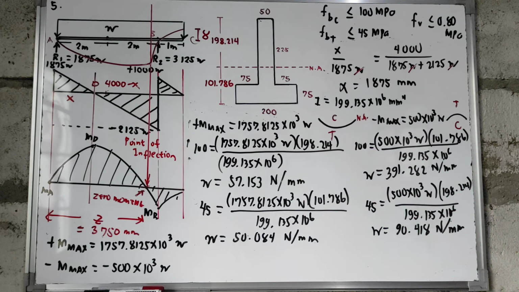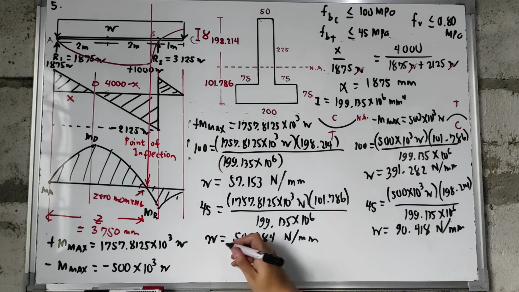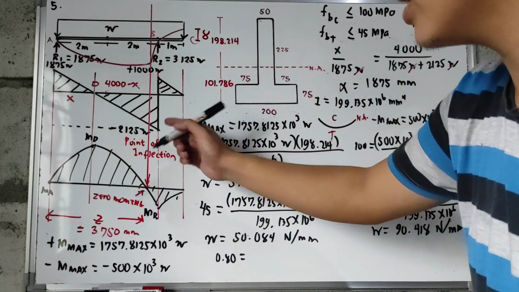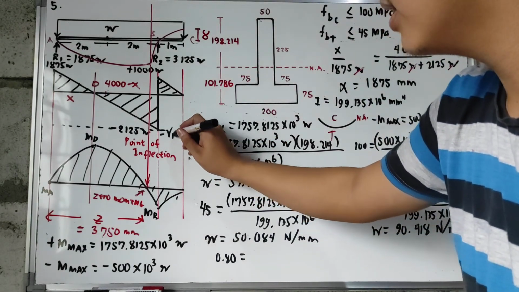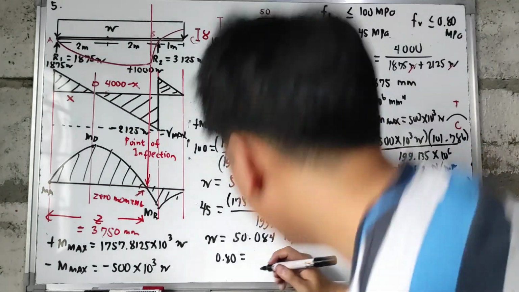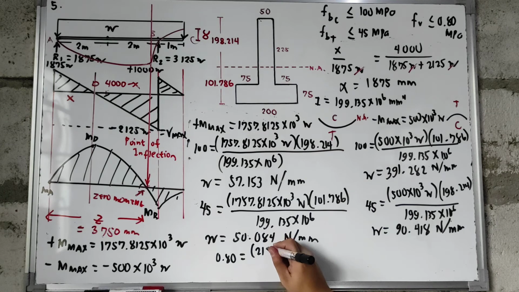So lastly, we're going to consider etong FV natin. So for that, meron tayong 0.80. Yung Vmax natin, as stated, ay equal to 2125W.